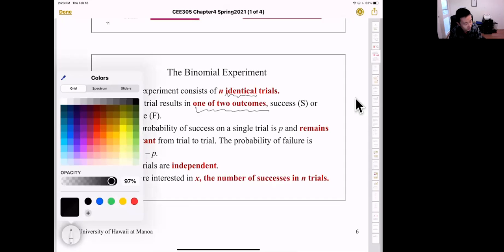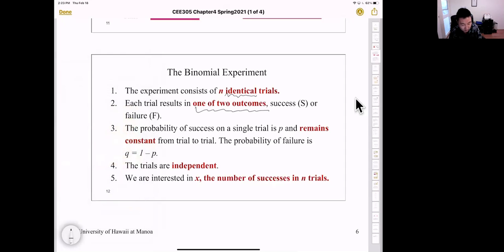The probability of success, P, does not change from trial to trial, so P remains constant. The probability of failure will be 1 minus P, because we only have two possible outcomes.